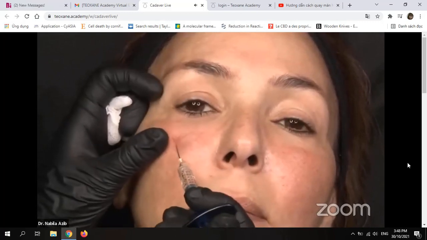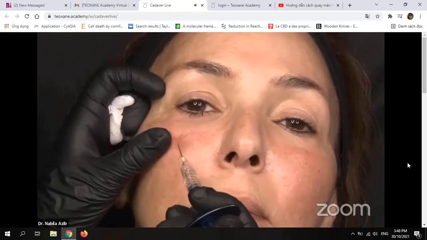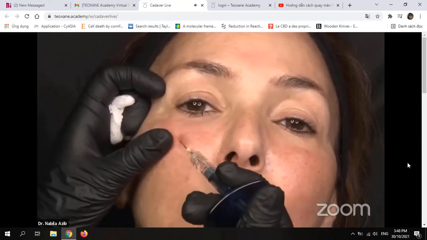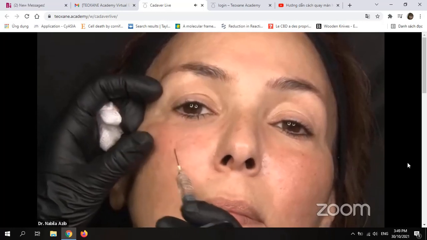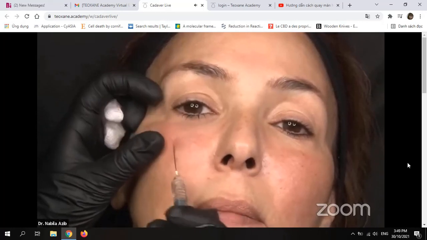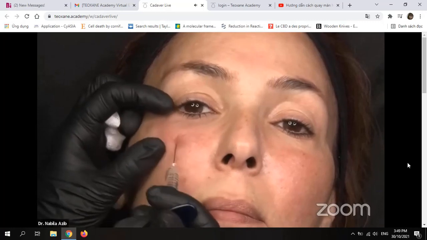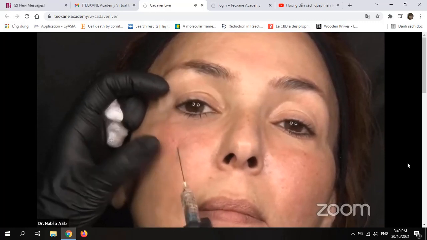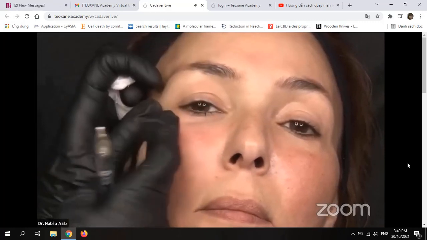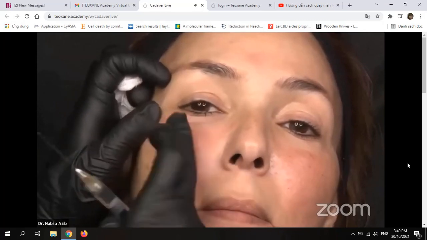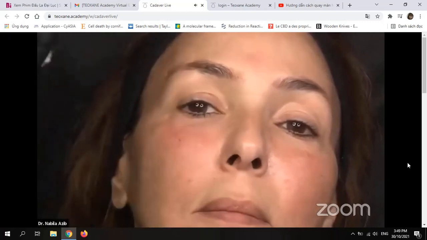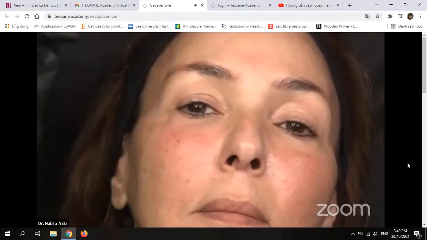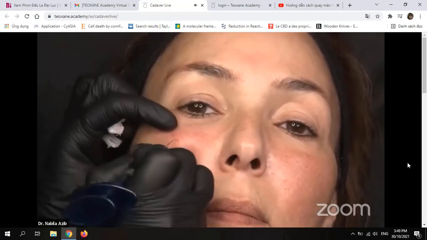So even with this soft filler, which is a mix of cross-linked and non-cross-linked HA, sometimes in very thin skin, you can have some visibility of the product. Are you still under the muscle? Into the bone, always. Okay. So now I spread the product and I can see that I still have a touch-up.